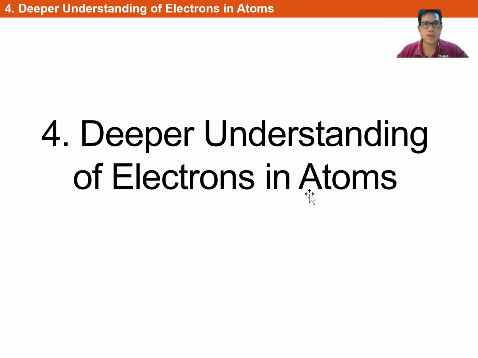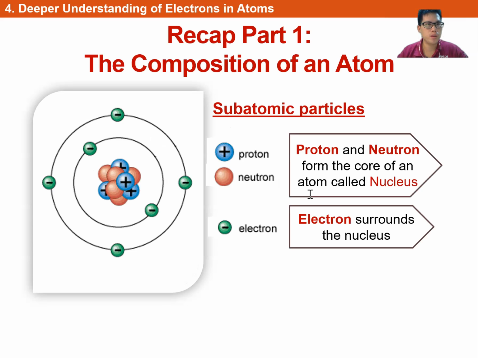Let's look at number 4, deeper understanding of the electrons in atoms. Right before I go into the electrons, let's recap what we learned from part 1. We learned that the atom is composed of the protons and neutrons at the core, and the electrons are surrounding it.